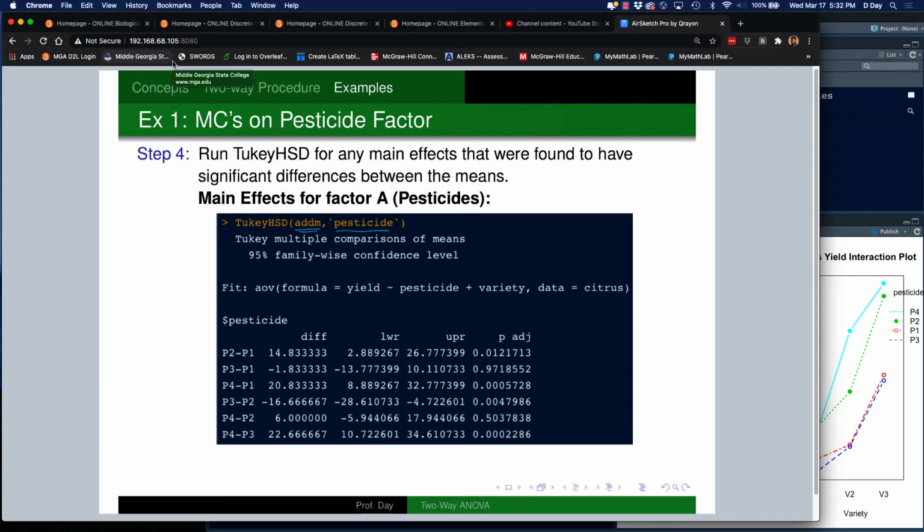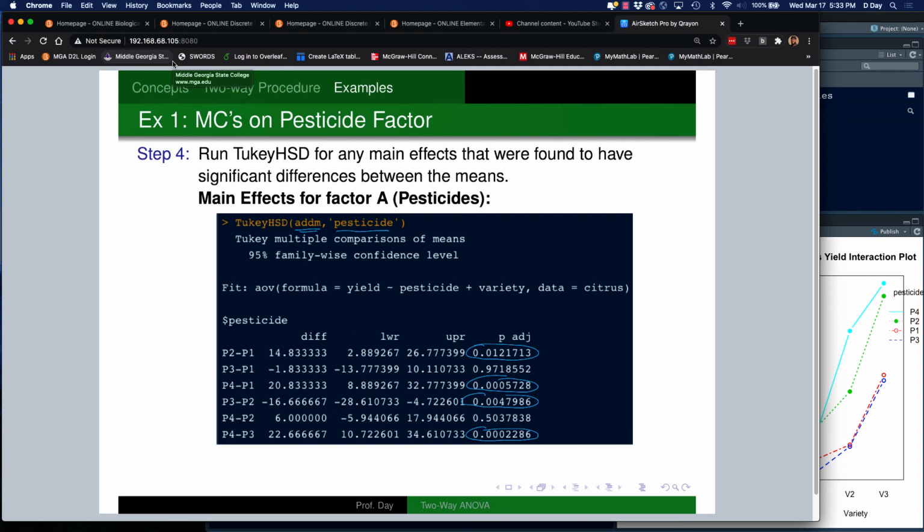If we look through it, we'll see the following p-values are significant. We've got significance here for P2 minus P1. We've got a significant factor here for P4 minus P1. Significant here for P3 and P2. And finally, a significant one for P4 versus P3.